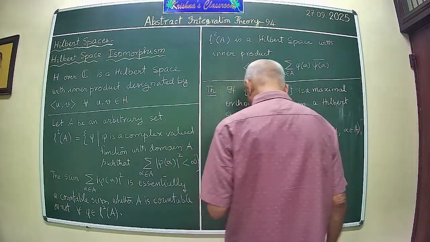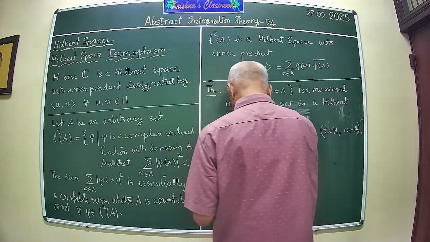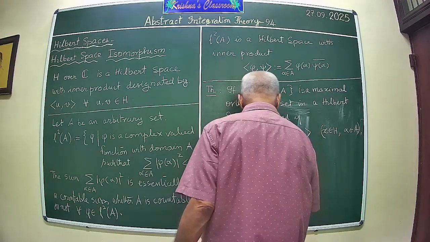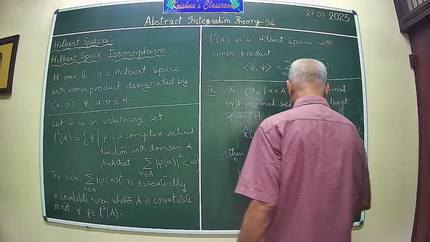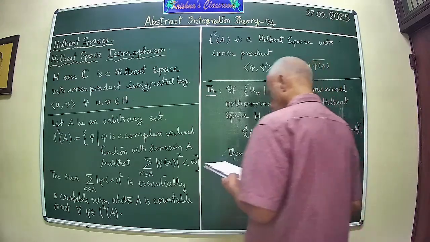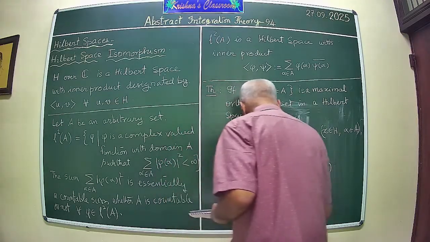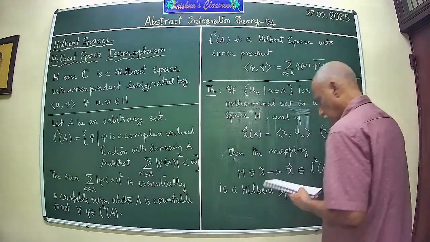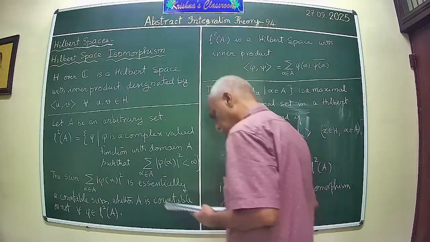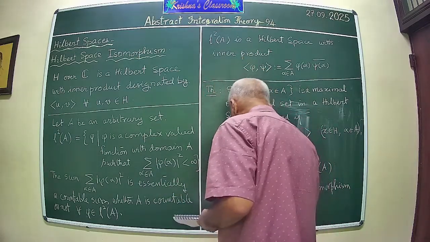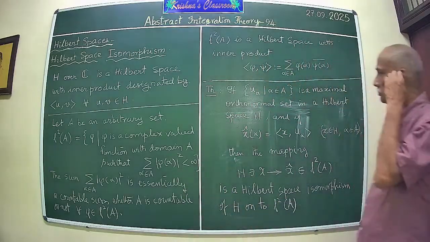Then the mapping x to x hat is a Hilbert space isomorphism of H into L2A.